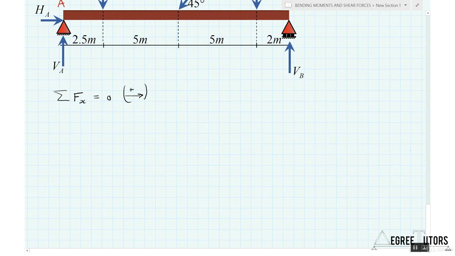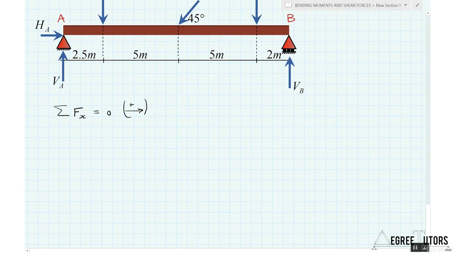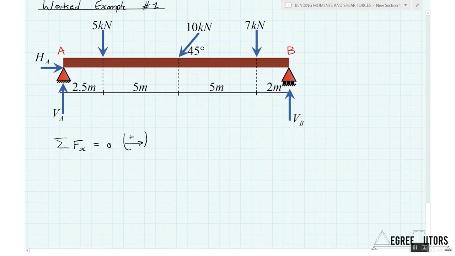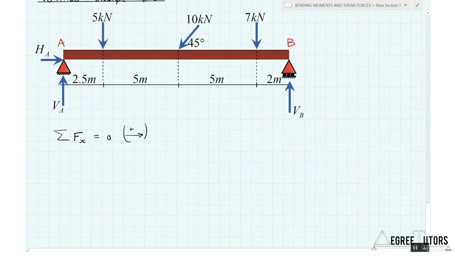Now, by evaluating the forces acting on the structure, I know I've got 10 kilonewtons at an angle of 45 degrees, and the horizontal component of that is going to be 10.